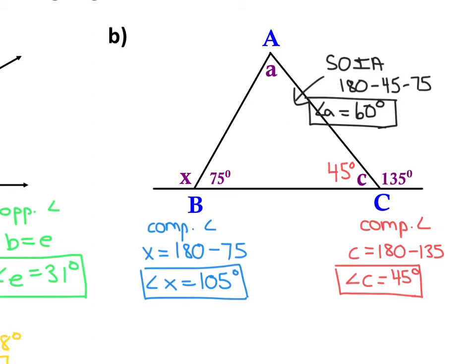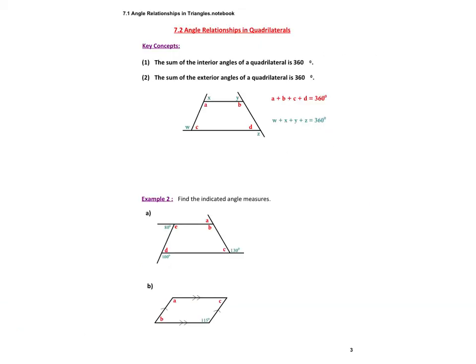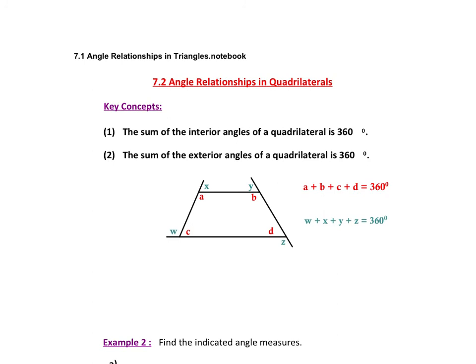So now that we've looked at some of the rules for triangles, we're going to have a quick look at some of the rules for quadrilaterals. Okay. So for quadrilaterals, the sum of the interior angles of a quadrilateral add up to 360 degrees. So that's the interior, okay?